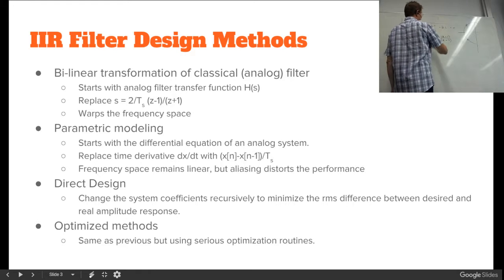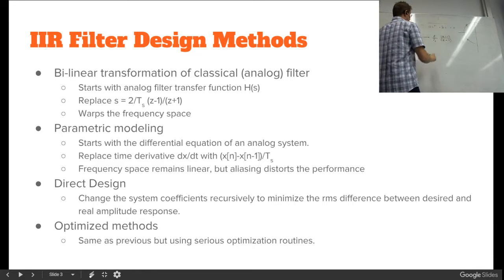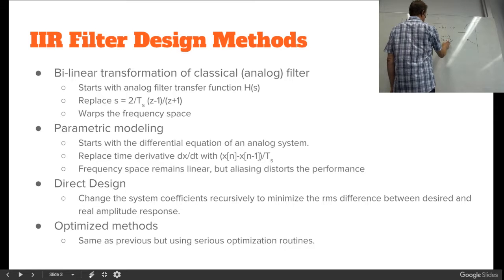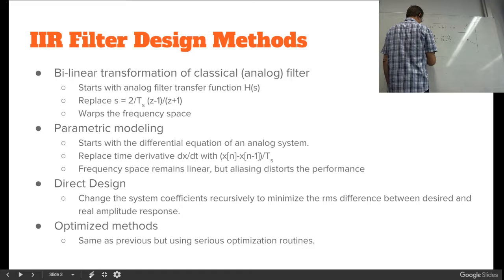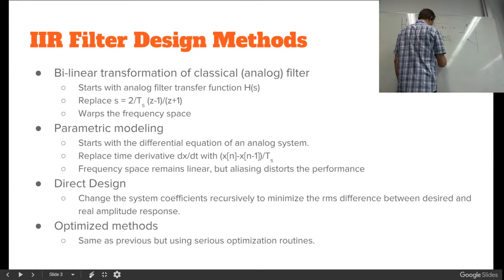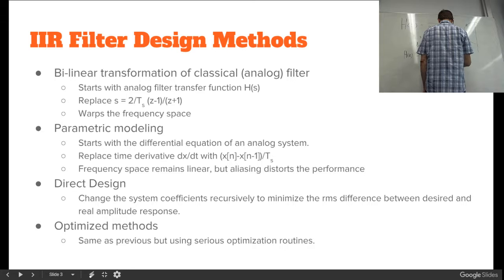So the low pass filter actually will end up having a denominator with (Z plus 1) squared, and then some other parameters, alpha Z squared plus beta Z plus gamma.